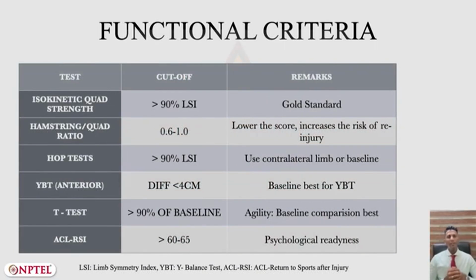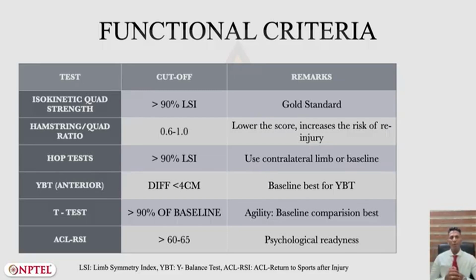Let us examine these criteria in more detail. For isokinetic quadriceps testing, symmetry of more than 90% is considered the gold standard. Lower symmetry means the knee cannot safely tolerate various sports loads.